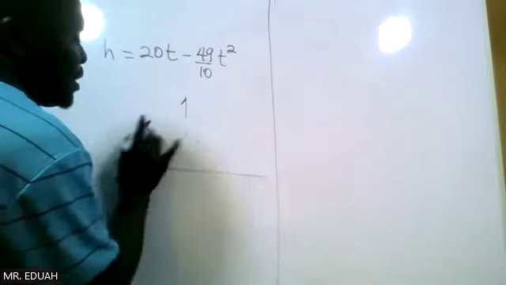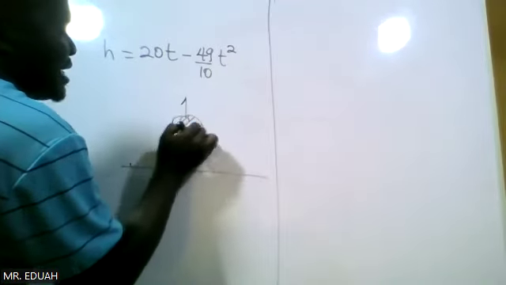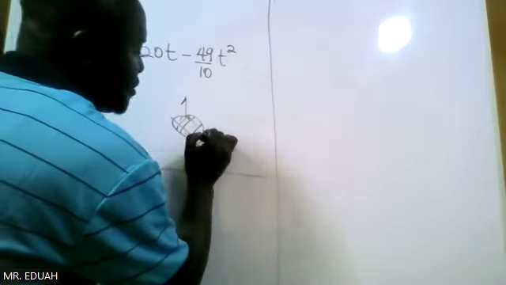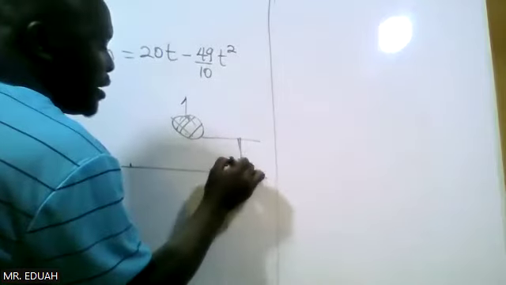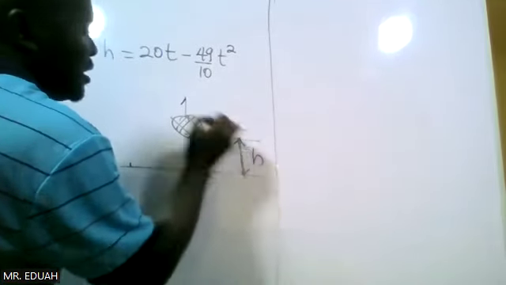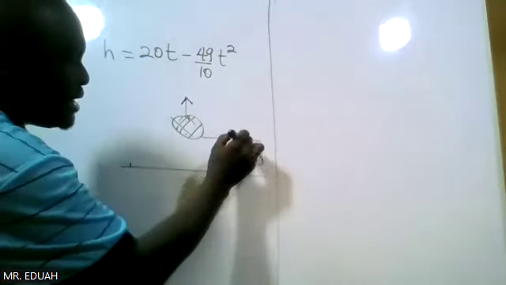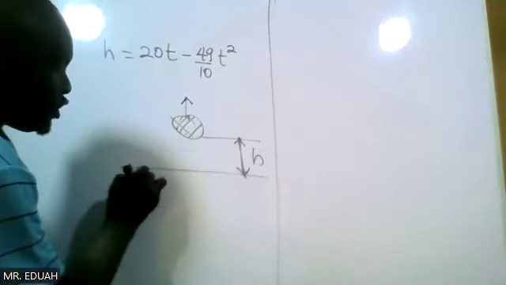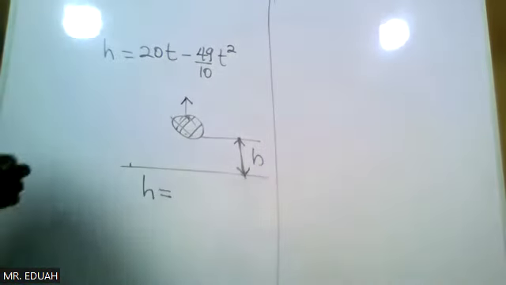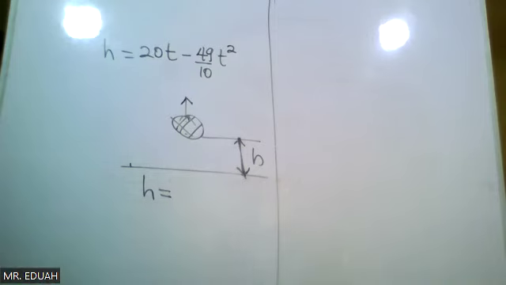Let me assume the body is at a height h from the ground, and the body is going vertically upwards. How would you determine this vertical height h? How do we determine this vertical height h when the body is thrown vertically upwards?